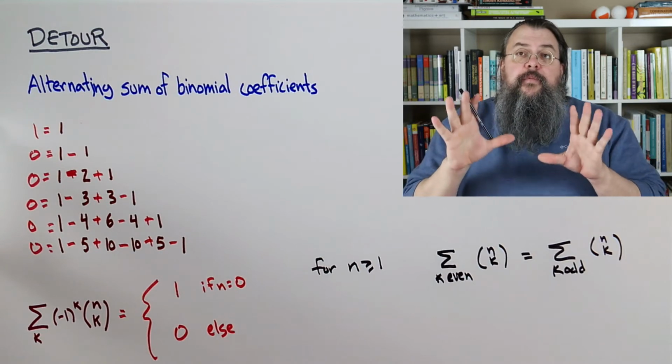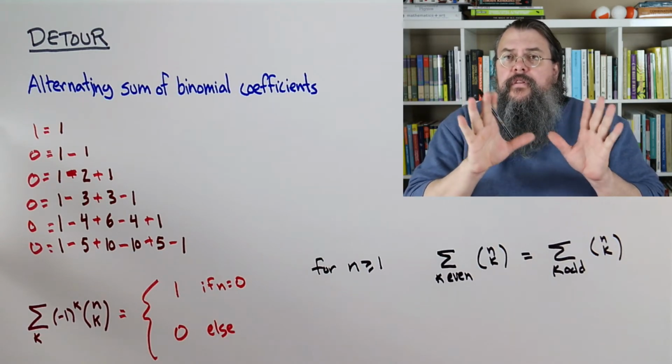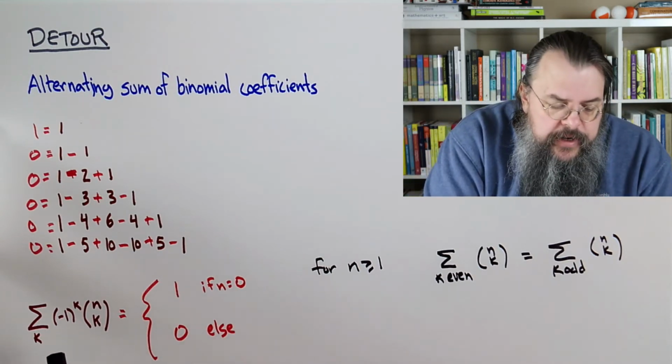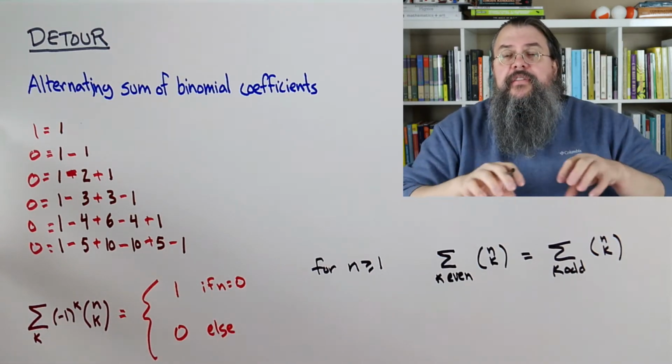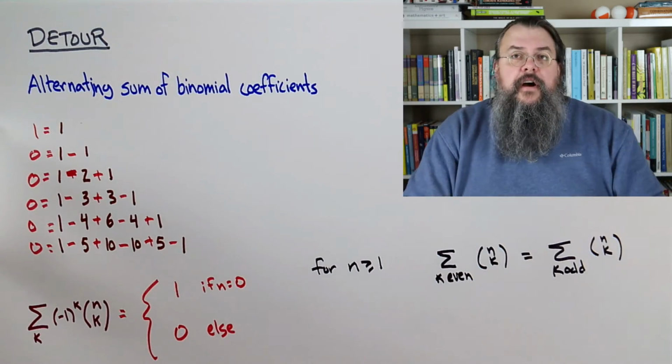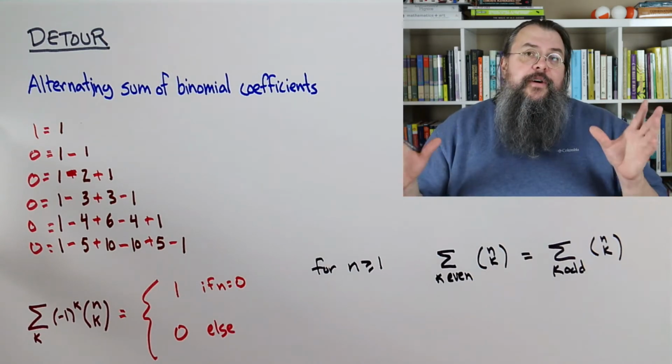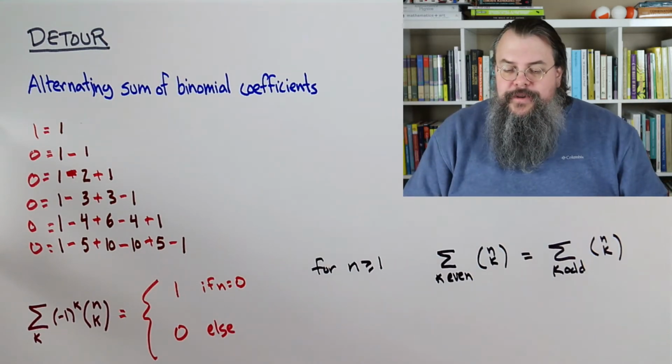That's the same claim. Do you see how it works? Right? -1 to the k, we add, subtract, and group things by the signs, which means we group things by parity, even or odd. Okay, so why is this true?